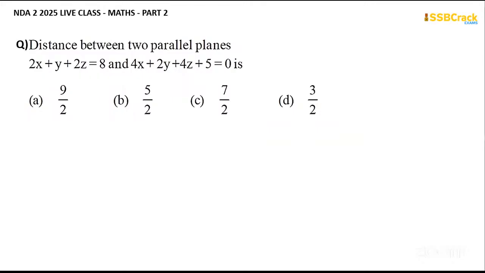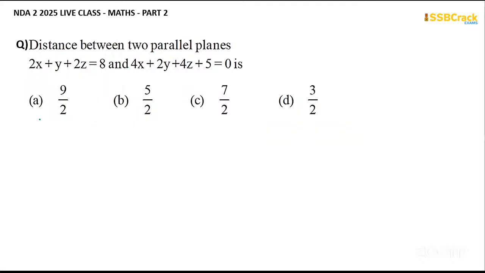Next, distance between two parallel planes. Very easy question, just apply the formula. The first plane is 2x plus 2y. First of all, the planes are parallel, so we need to express them in the simplest ratio. So it is 2, 1, 2 and 4, 2, 4.